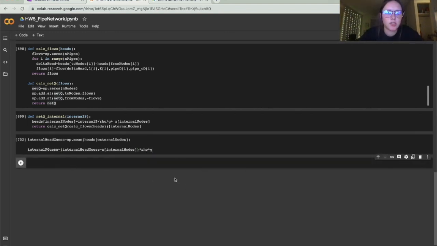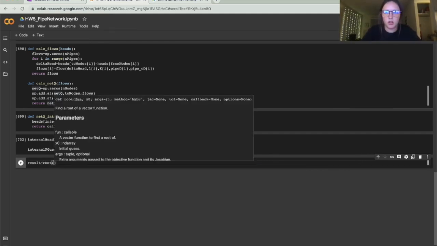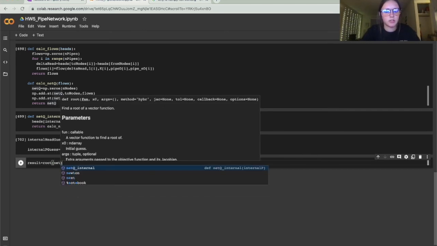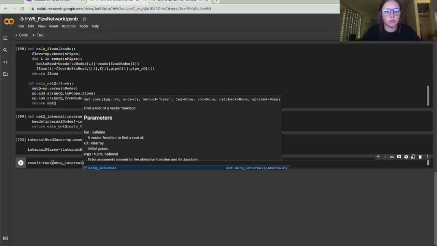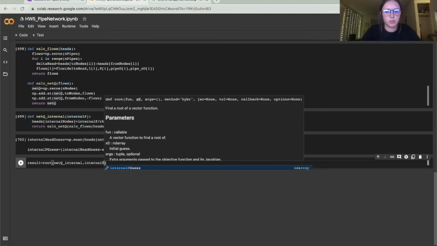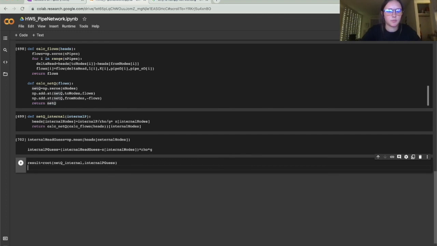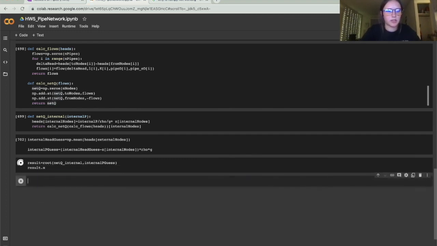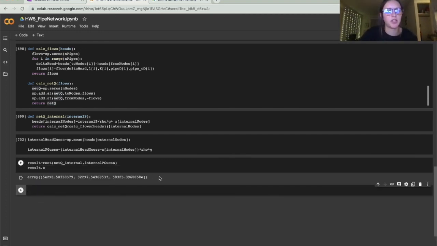And now we can use this internal pressure and the root equation to give us an array for the unknown internal node pressures. So we're going to call this result. And so this is going to be equal to root of net Q internal and internal P guess. And we'll do that, and it should give us an array like that.